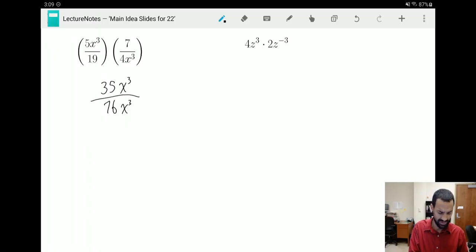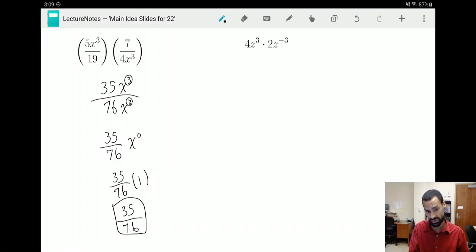Okay, 35 and 76 cannot reduce that, surprisingly. So I'm going to bring that down as it is. And x to the third over x to the third would give me x to the 0 if I subtracted the exponents together. But keep in mind, anything to the 0 power is 1. So this is really 35 over 76 times 1, which you know is just 35 over 76.